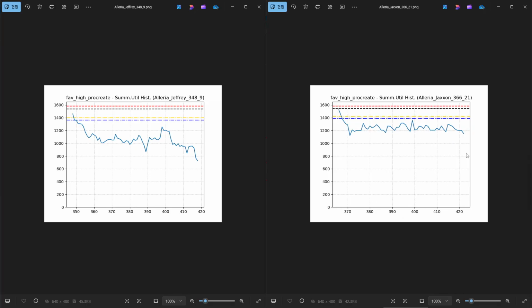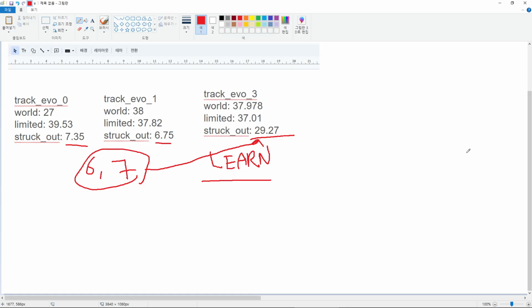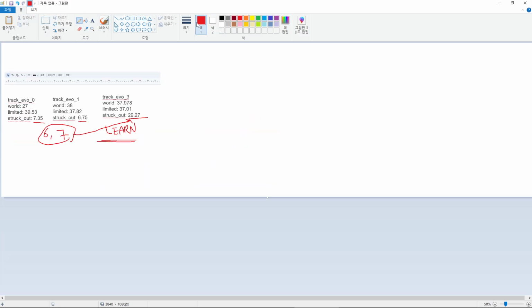Now, when I say learn, I only applied the learn function for entities that were in the bottom 30%.